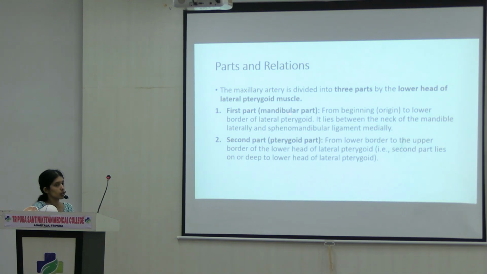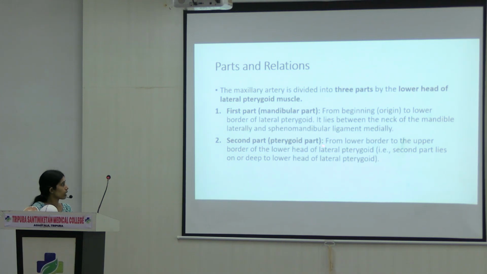First part, which is also known as the mandibular part, starts from the lower border of the lateral pterygoid and lies between the neck of the mandible laterally and the sphenomandibular ligament medially. Second part is called the pterygoid part. It extends from the lower border to the upper border of the lower head of lateral pterygoid.